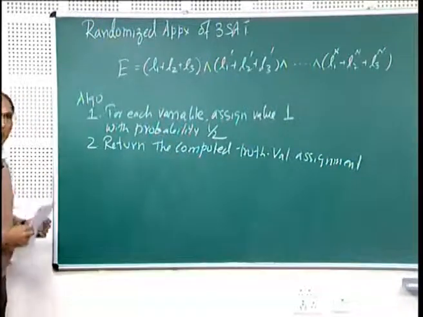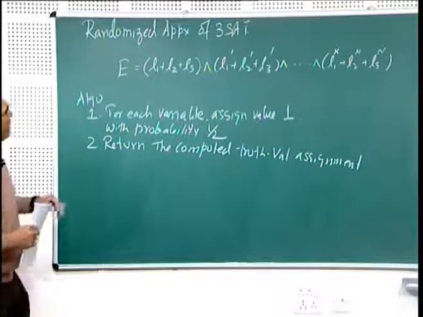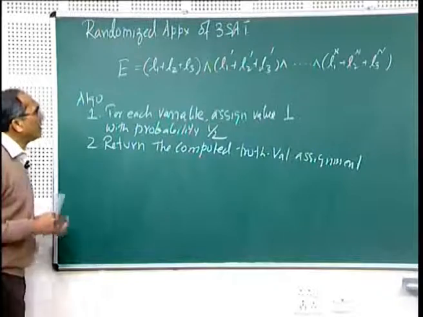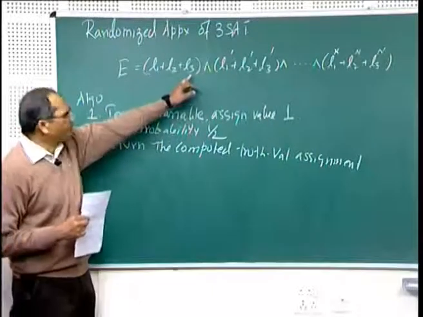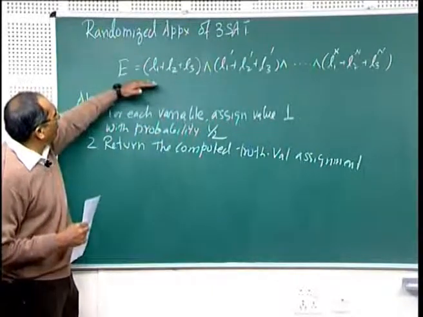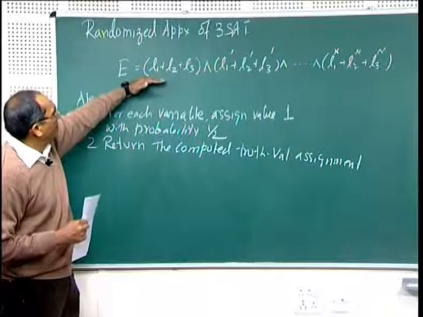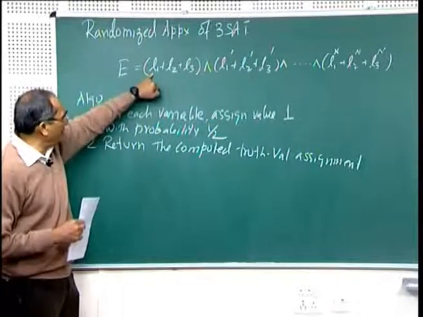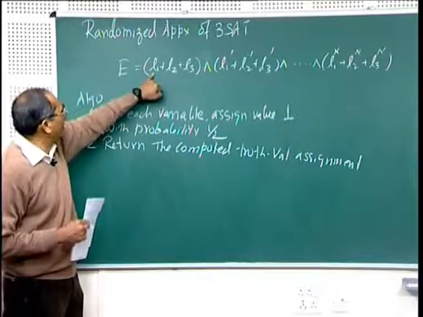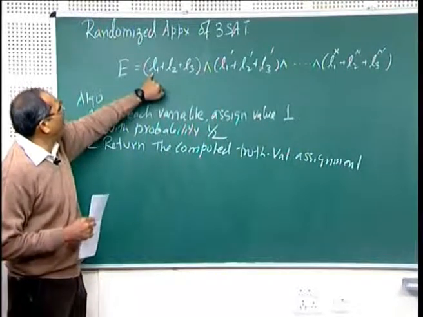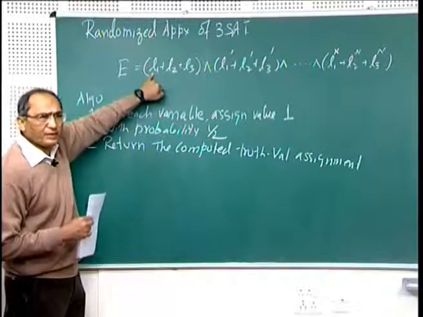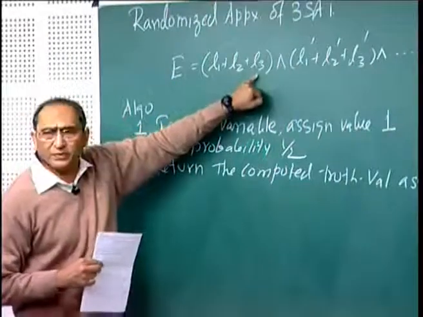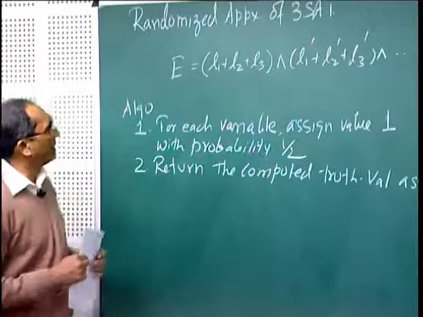Okay, so the question is, how good is this? Well, let us take a look at any clause. The clause has 3 literals. Remember a literal is a variable or its negation. So, with probability 1/2 L1 can be false, with probability 1/2 L2 can be false, and with 1/2 L3 can be false.